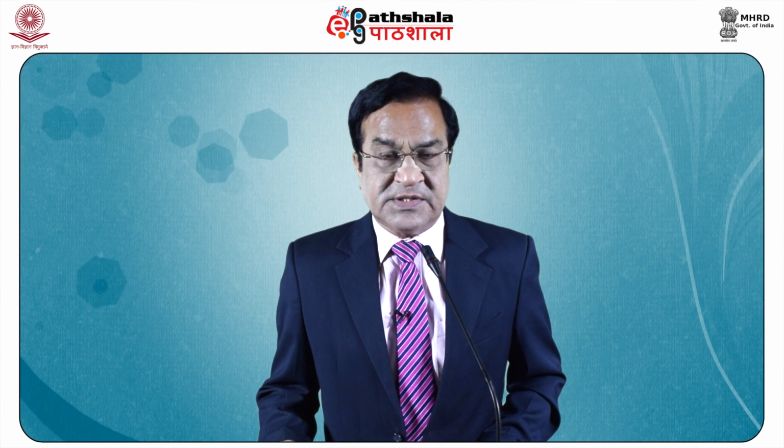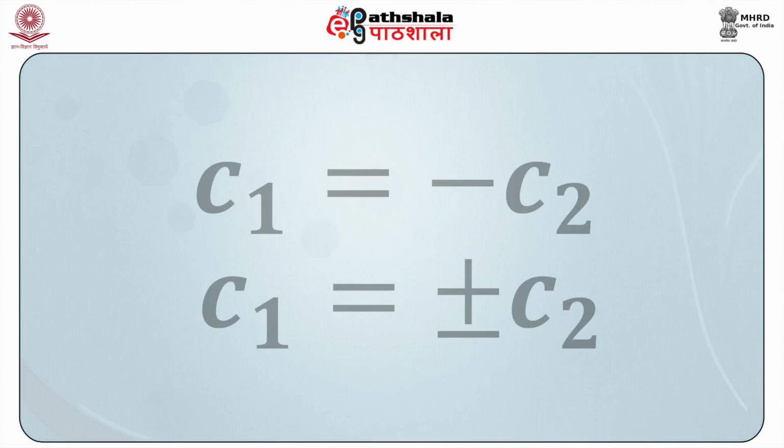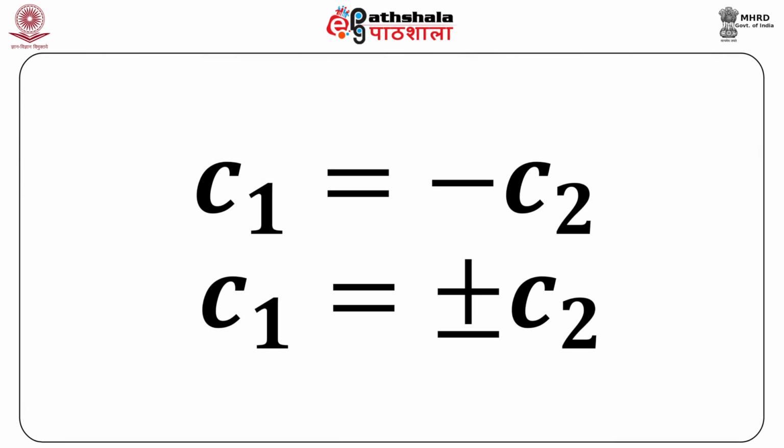If we solve this equation further, here we get C1 is equal to minus C2. Earlier we had got C1 is equal to plus C2. So basically what we derive from here is that C1 is equal to plus or minus C2. This is very, very important, and that is the relationship between the two coefficients.